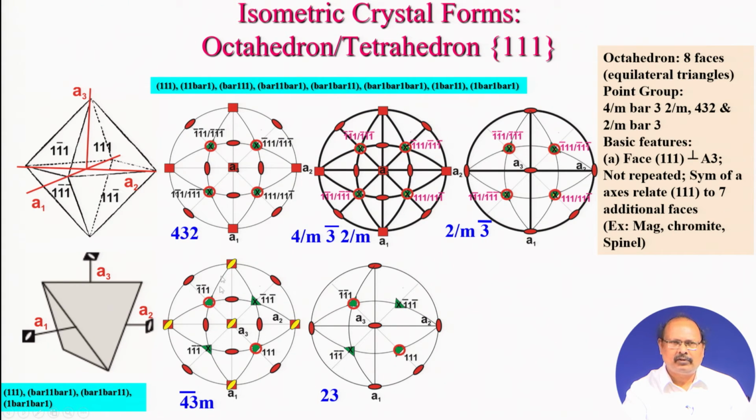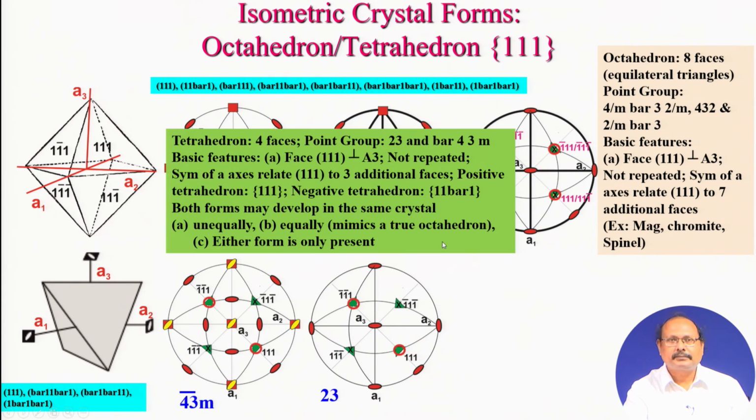Here there are 8 faces, these are 4 triangular shaped faces here, and these 4 faces, if you see here, we call this a tetrahedron, and this is an example of this tetrahedron here.